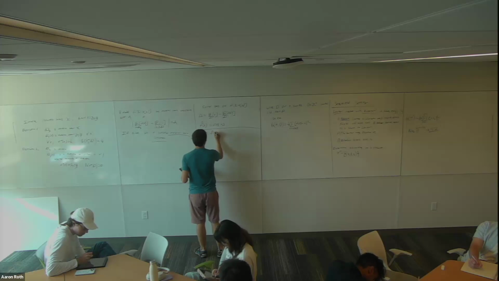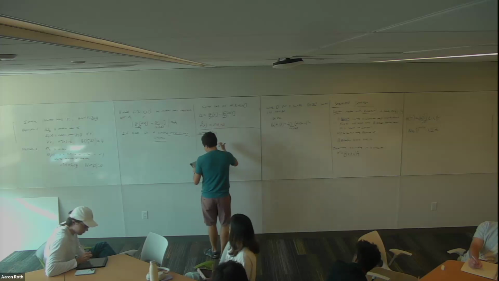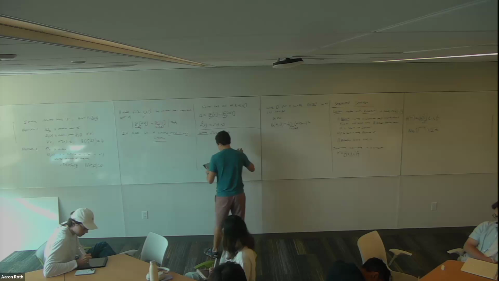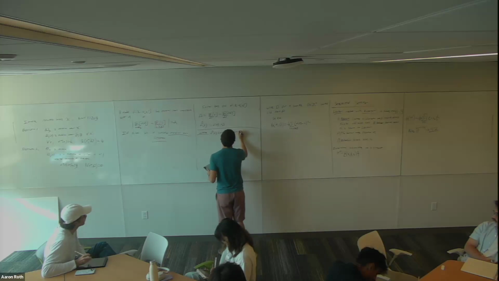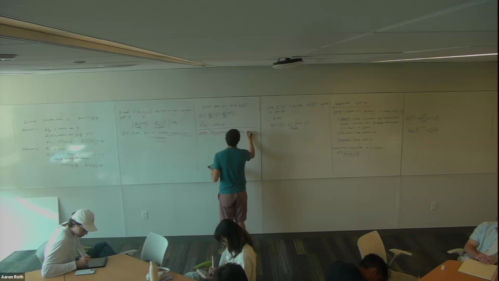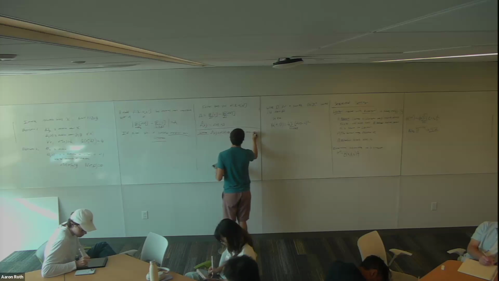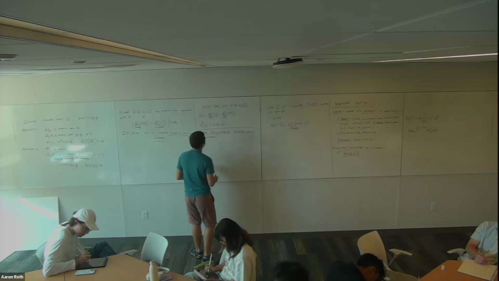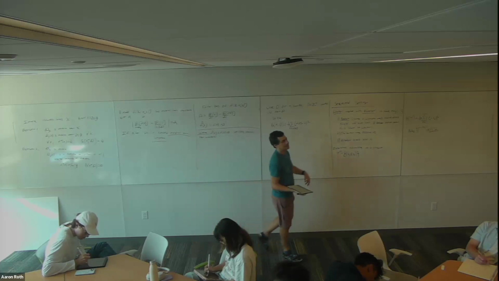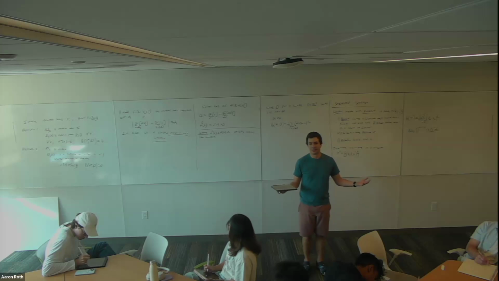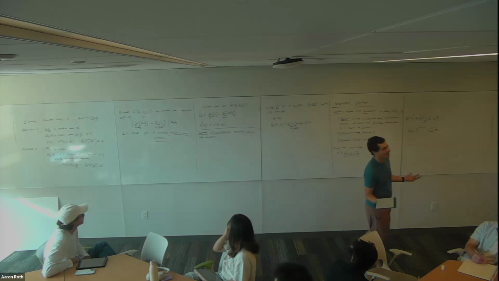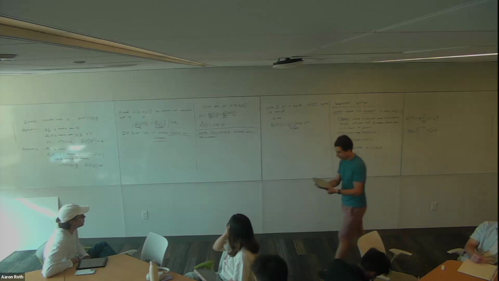This new model f hat of x, no matter what f of x was, which is just defined to be f of x plus delta, satisfies marginal mean consistency. If your objection to f of x was that it had statistical bias, then unsurprisingly, because of how we constructed f hat of x, that same objection cannot be leveled against f hat of x. F hat of x does not have statistical bias.